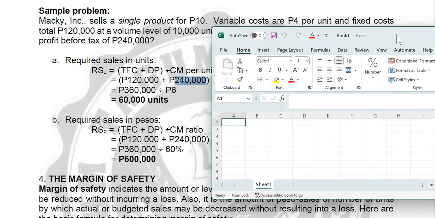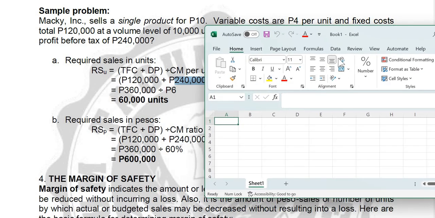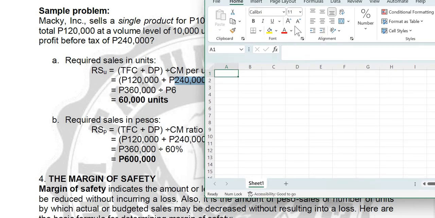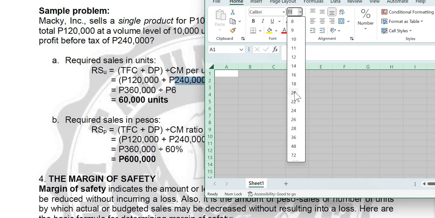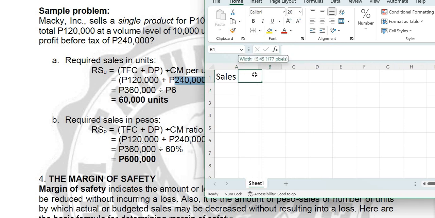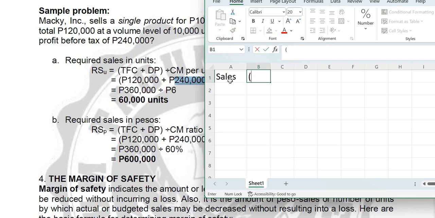So, say for example, here, lakihan natin konti. Say for example, your sales, as mentioned na, 60,000 units, so multiply mo yan by the selling price of 10.